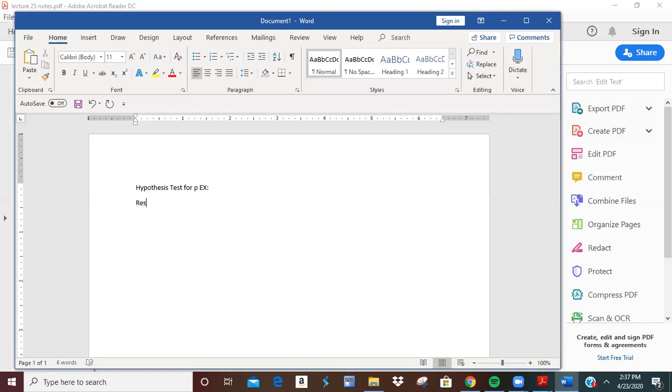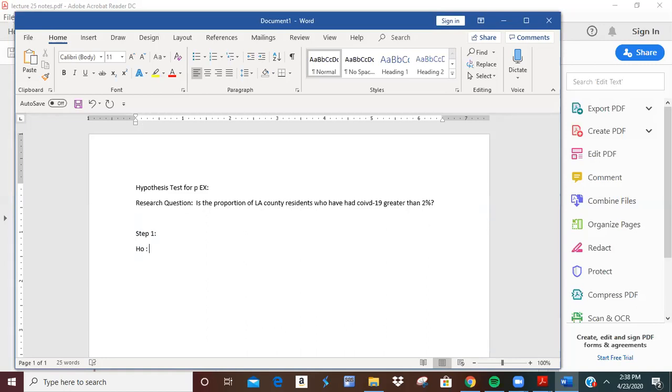So our research question is: is the proportion of LA County residents who have had coronavirus greater than 2%? The first step is to write our hypotheses.